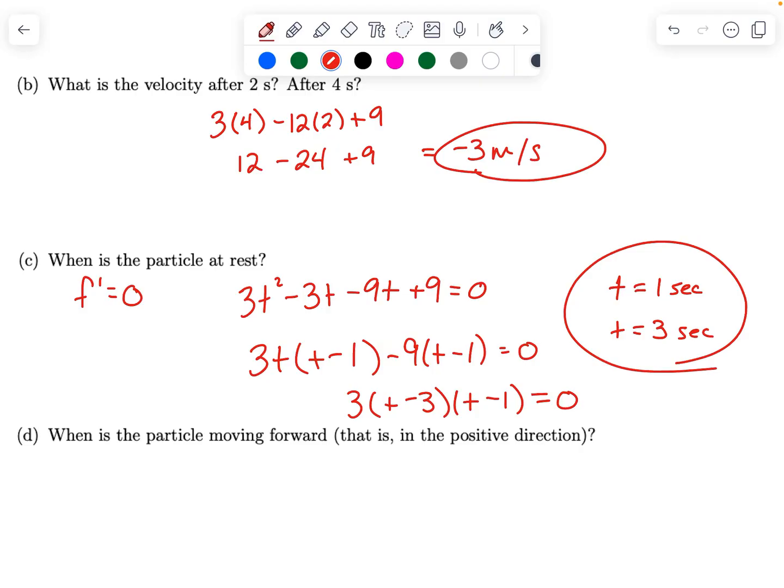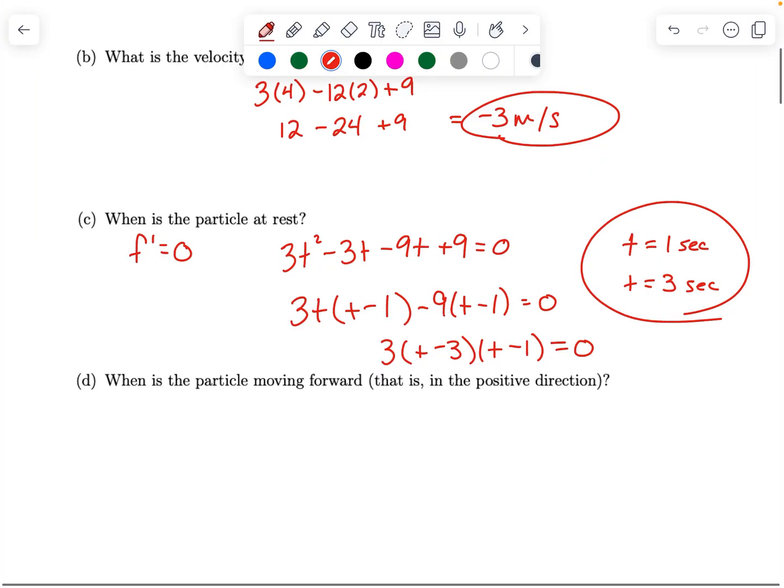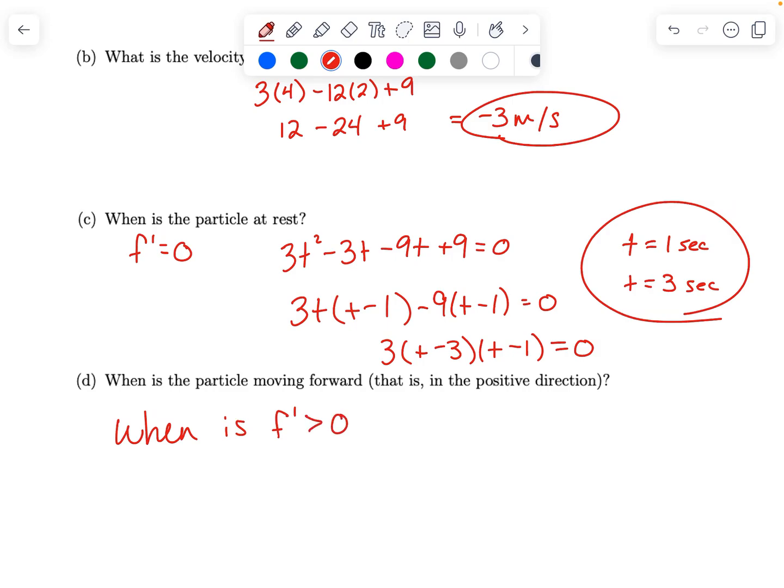When is it moving forward? That's asking us when is f prime greater than 0? When is its velocity greater than 0?